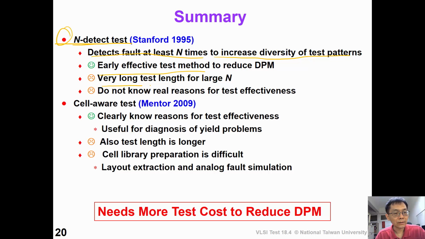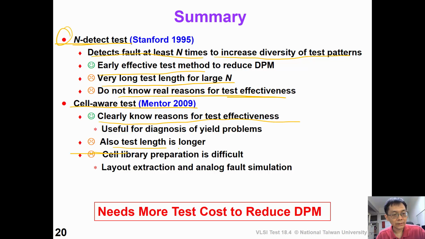However, the test length grows linearly with n, and we don't know exactly what's the reason for the test effectiveness. And later on, in the early 2000s, Mentor proposed cell-aware test. It has the advantage of knowing the reason for test effectiveness. It's very useful for diagnosis.